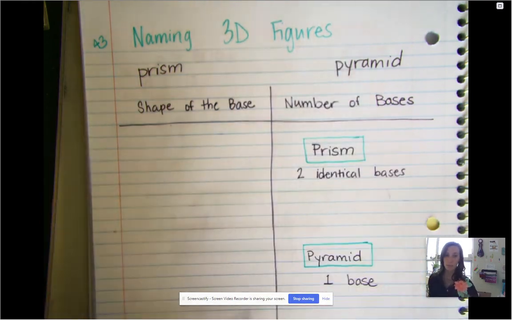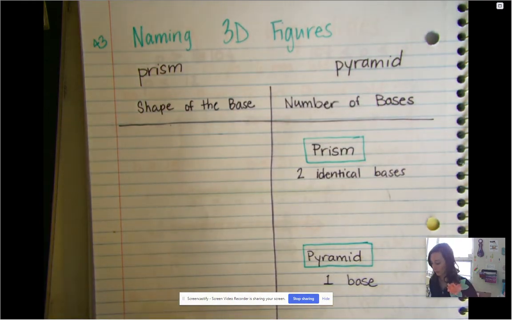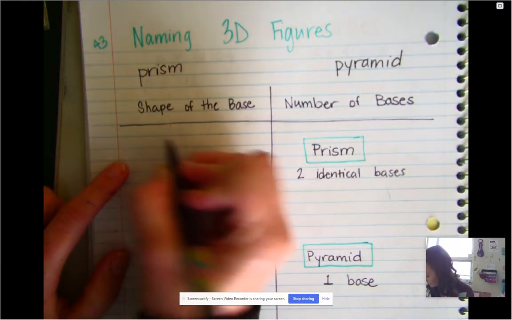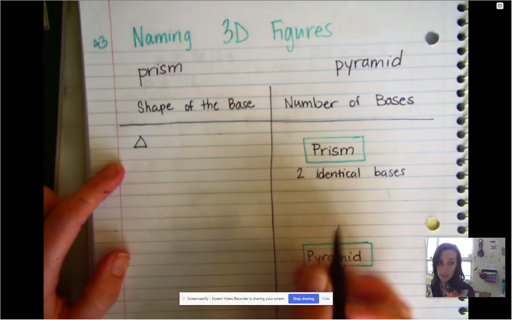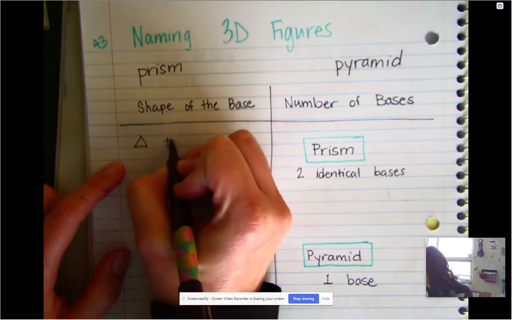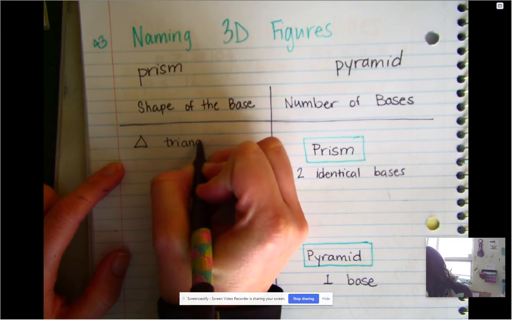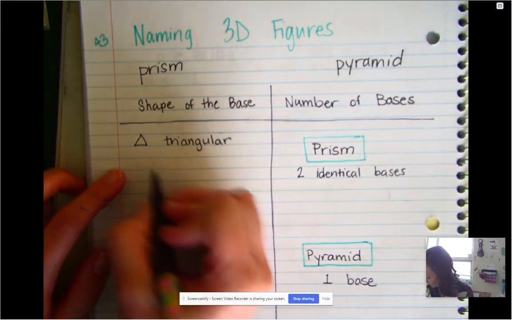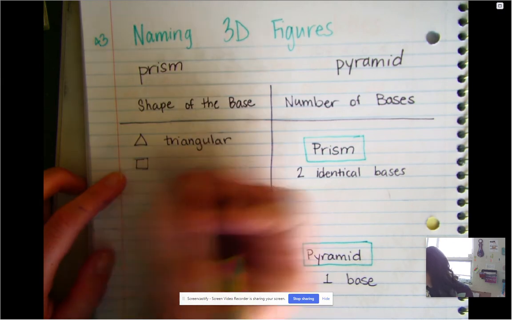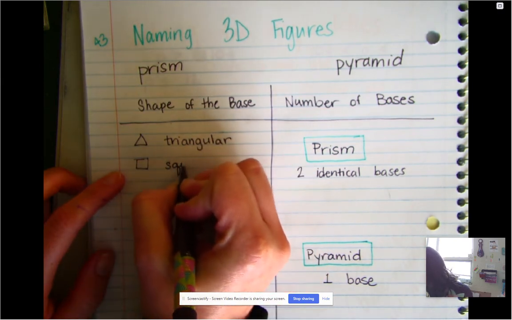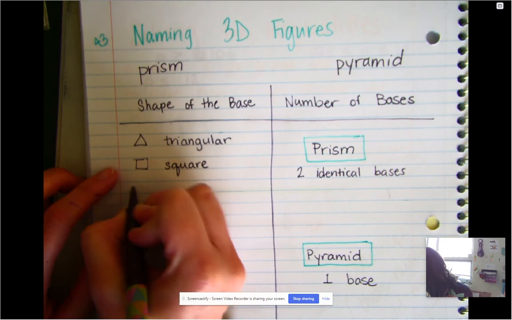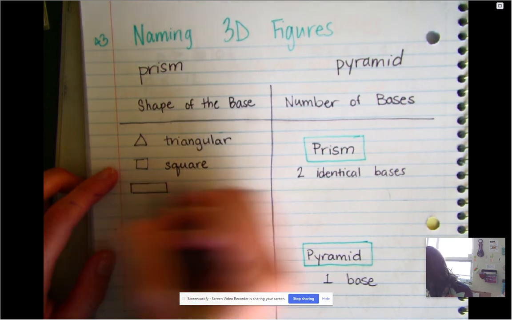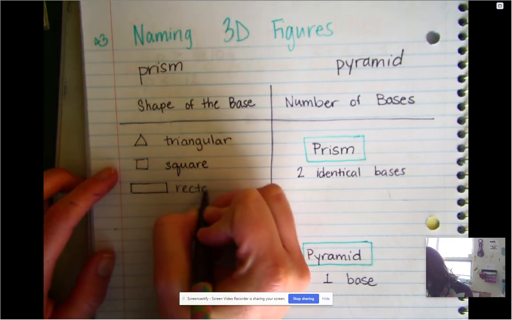And you're going to see some root words in here that you've probably seen before. So if the base is a triangle, we say it's triangular. If it's a square, we can say square, or if it's not a square, but it's a rectangle, say rectangular.